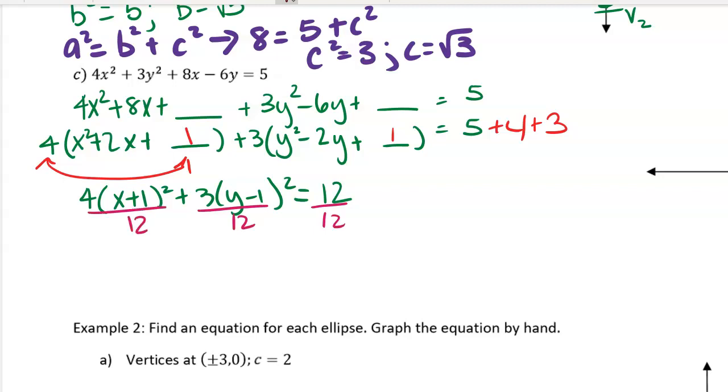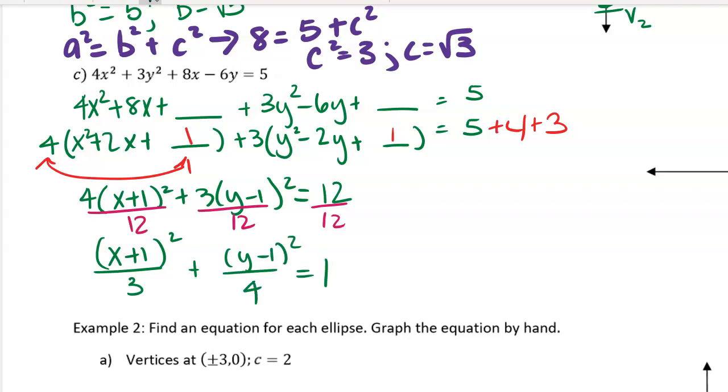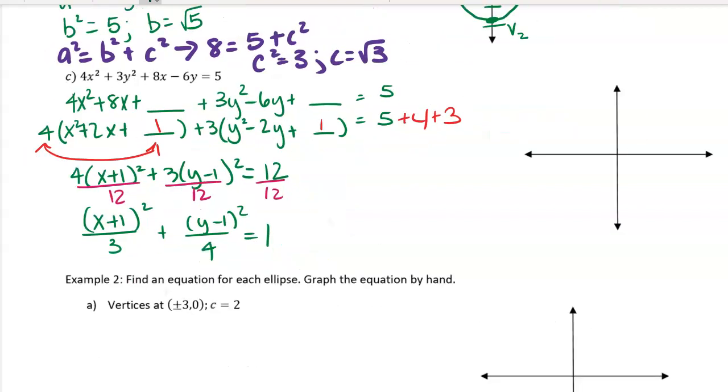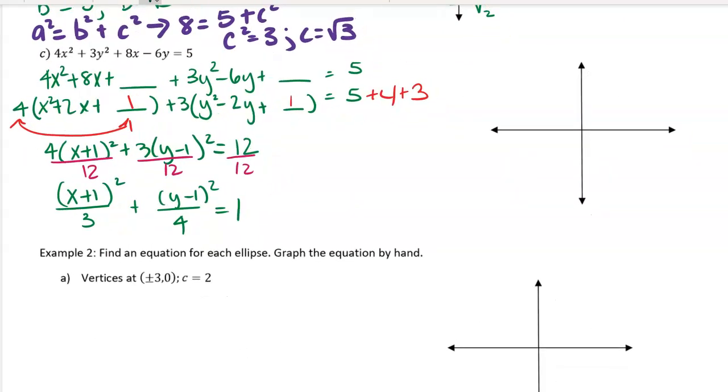And then now write it in our standard form. Okay, the quantity x plus 1 squared over, Sean? The quantity y minus 1 squared over 4 equals 1. All right. We have to do all of that before we can even find what they want us to find. We will start with the center. So the center for this one, Jordy, is? Negative 1, comma 1.